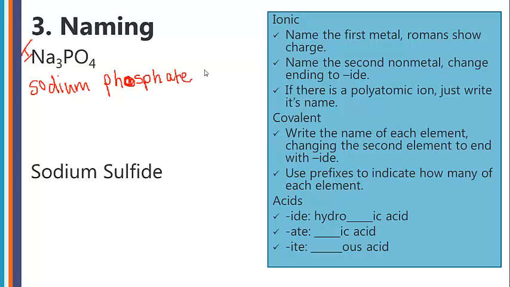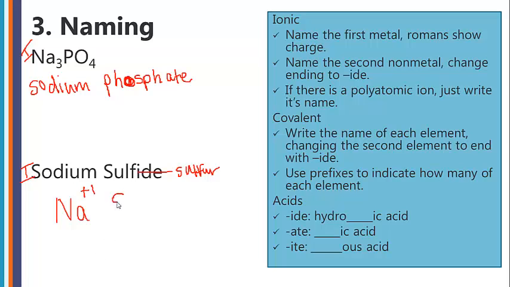Next problem is sodium sulfide. So sodium is a metal, and sulfide, before we change the ending, was sulfur. So I've got a metal, sodium, and a non-metal, sulfur, making this ionic as well. So I've got to worry about charges. So sodium is Na, and it's in the first column, so it's +1.